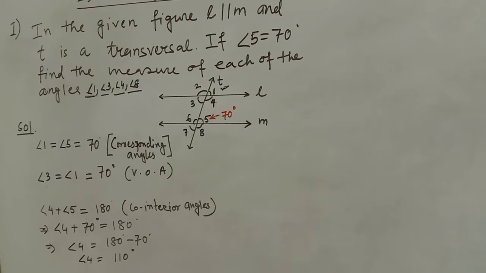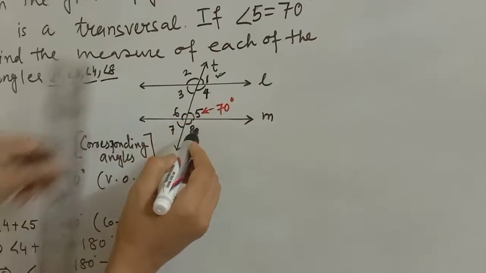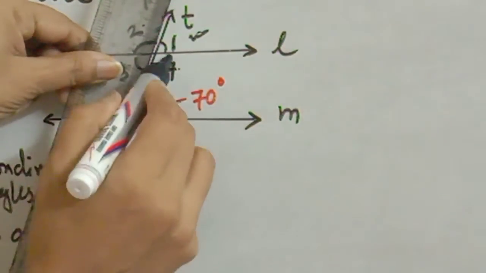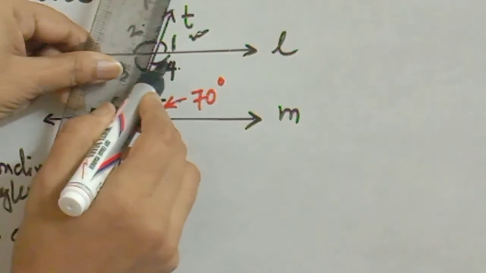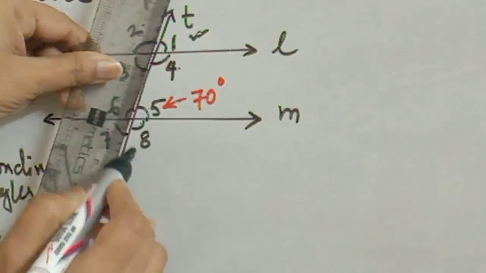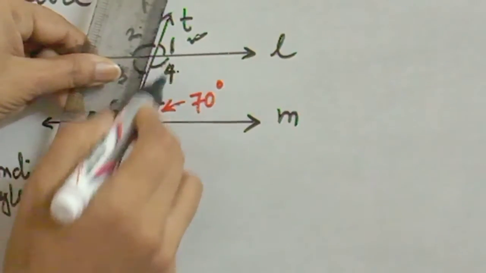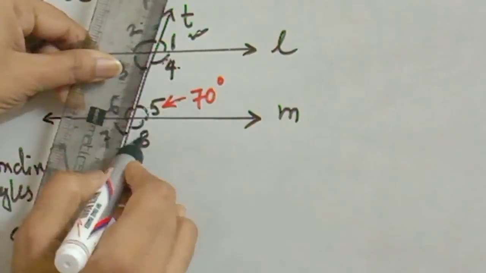Now you have to find angle 8. See the position of angle 8. Angle 8 is on the same side of the transversal, one exterior, one interior. The value of 4 is equal to the value of 8, because they are corresponding angles.